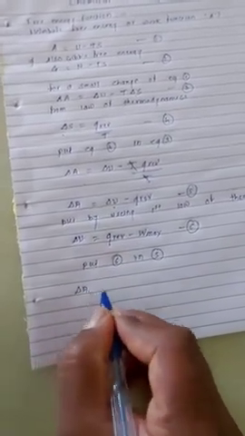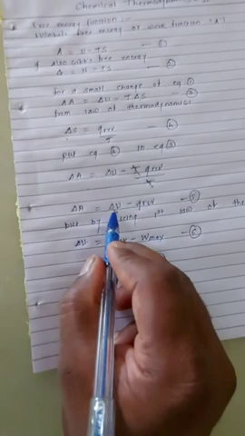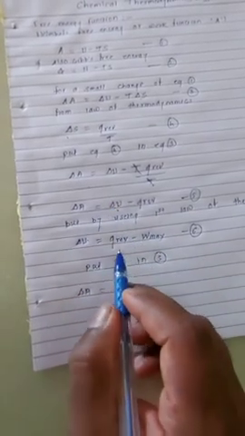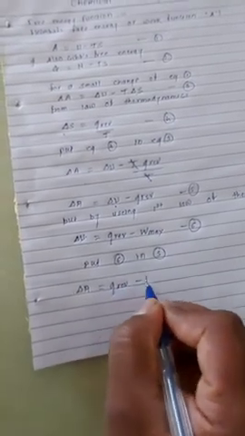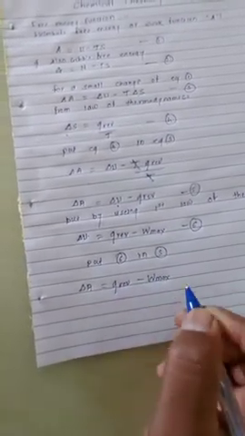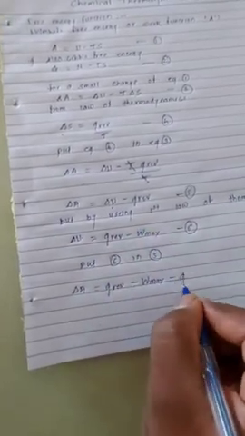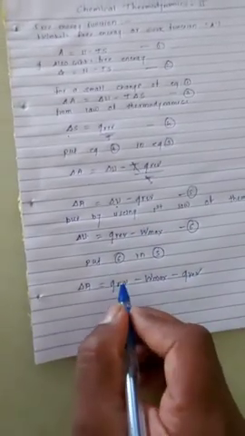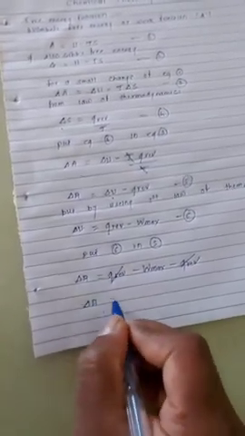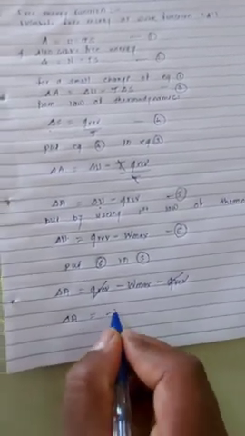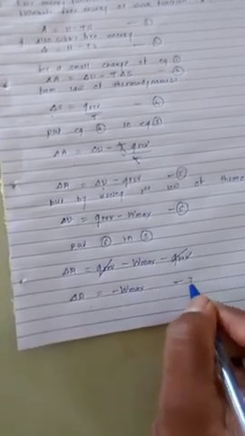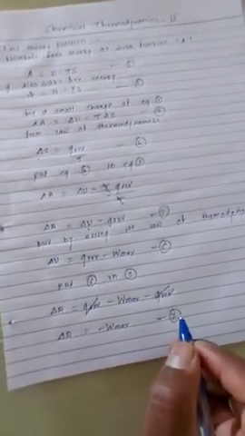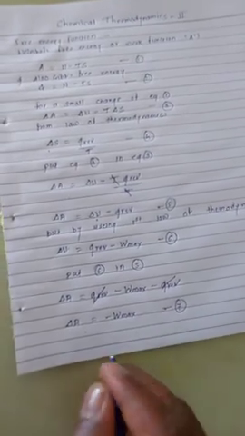Then delta A is equal to Q reversible minus W max and again minus Q reversible. Now cancel out the common term. Then delta A is equal to minus W max. This is equation number 7 and this is the equation of Helmholtz free energy.